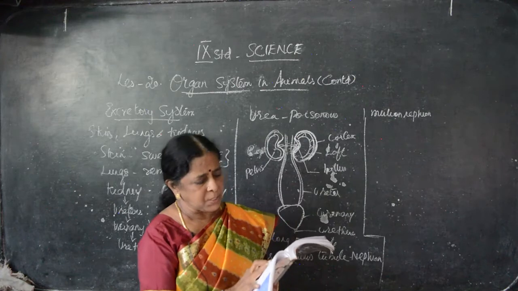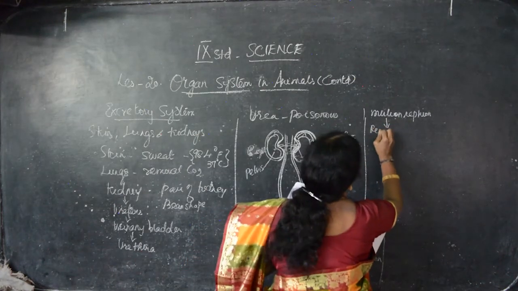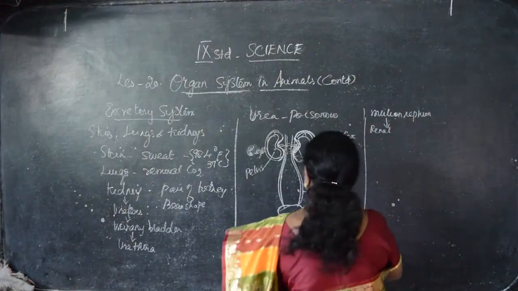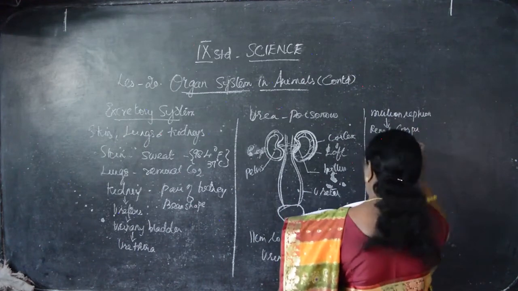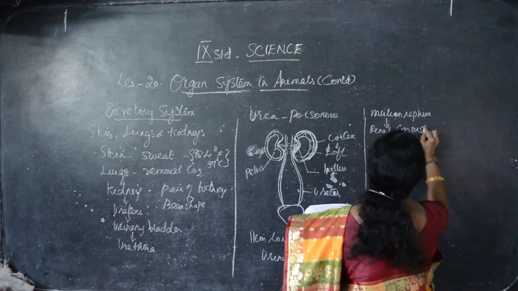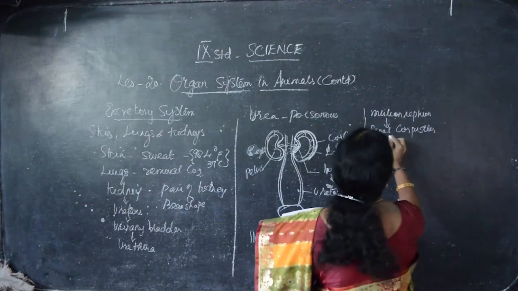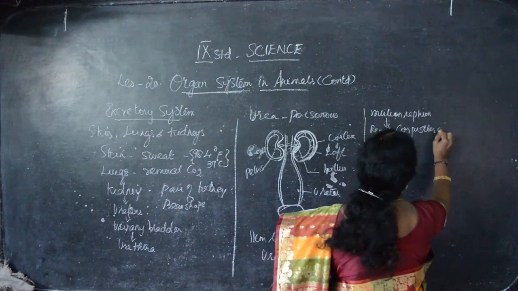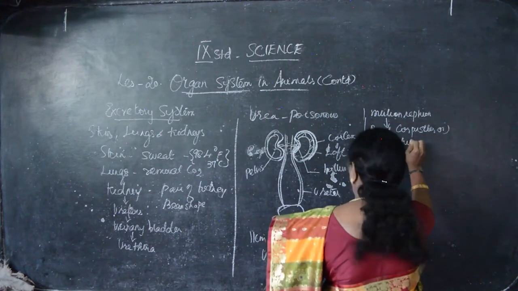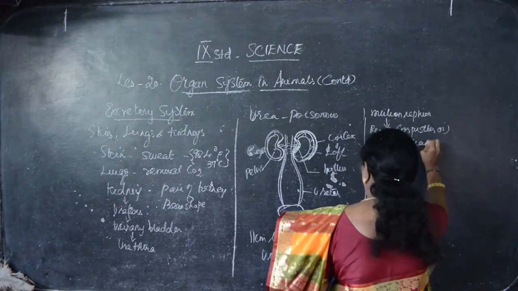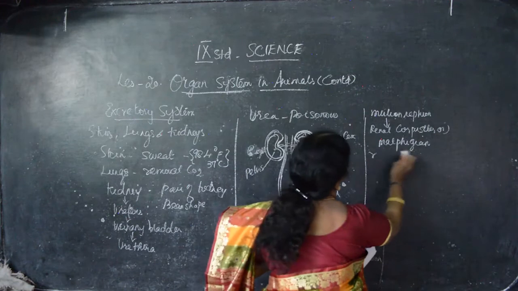Each nephron consists of renal corpuscles. Renal means what? Kidney. Renal corpuscles are otherwise known as renal capsules or Malpighian tubules. And there is the renal tubule.